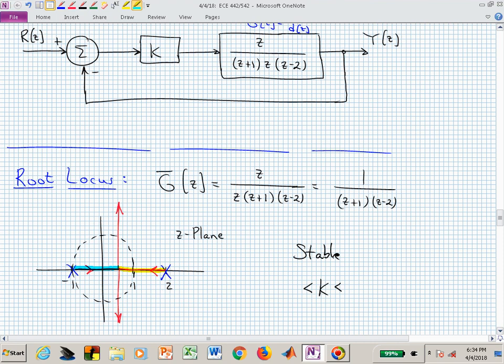No, it's just stable, isn't it? Once you get off of 0, k is okay with that one. But what about the yellow? I have to crank that up enough to what? I need to get to at least that location before I become stable. So now you would evaluate k, g bar of z, at z equal to 1 and solve for k. Because you know the magnitude of that has to equal 1.